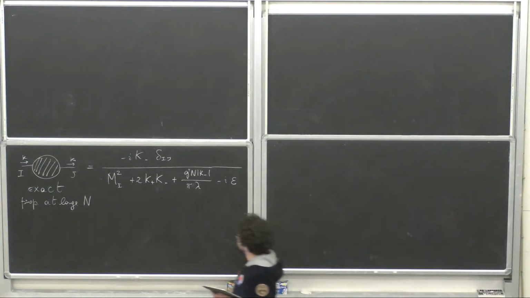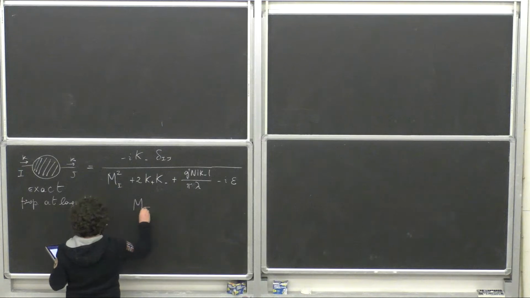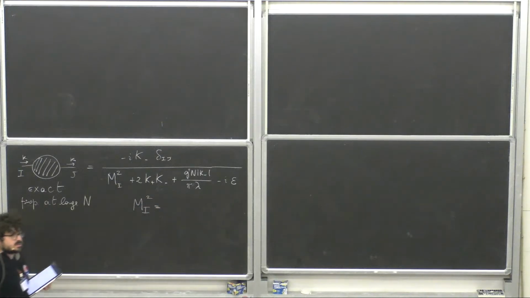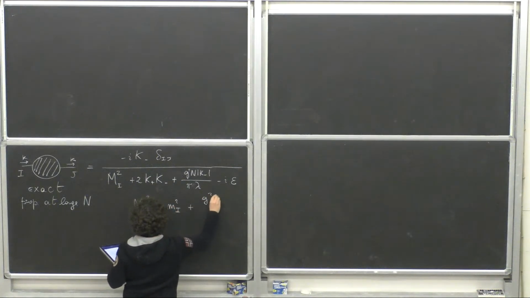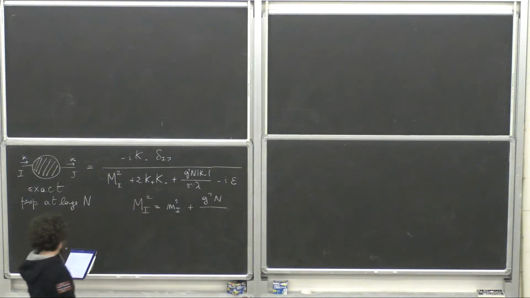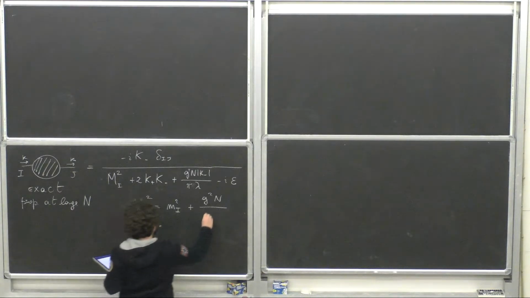And this m_i squared is sort of a normalized mass, which is the tree-level one that we put in our Lagrangian, plus g squared N divided by pi.